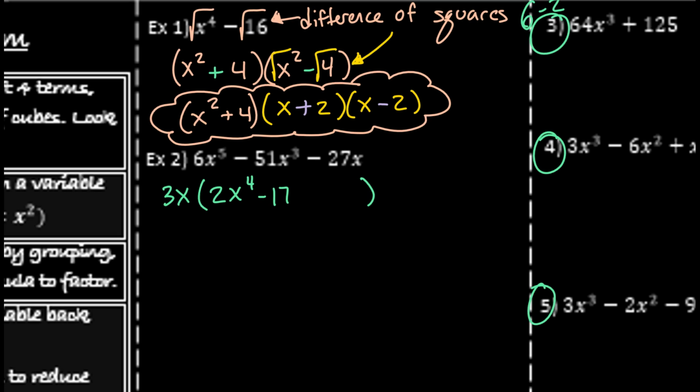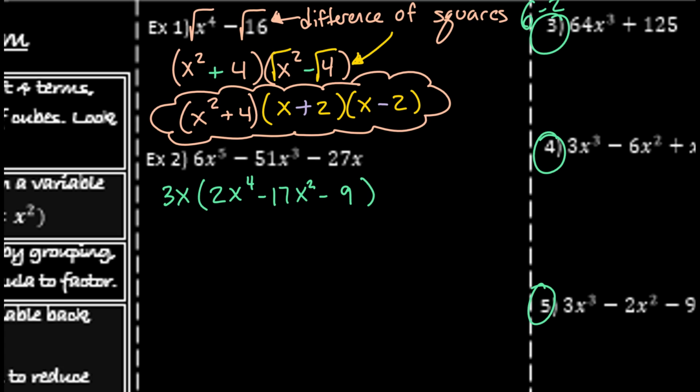So negative 17x to the 2nd power. And what's negative 27x divided by 3x? Negative 9. So now I pulled out a 3x. That is as simplified as it can get.